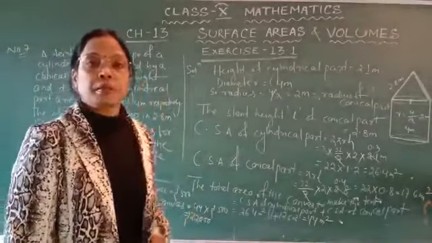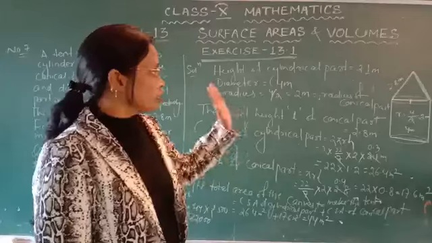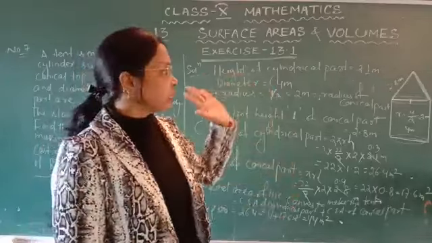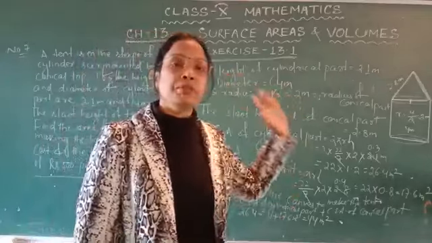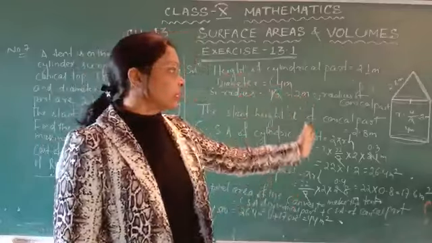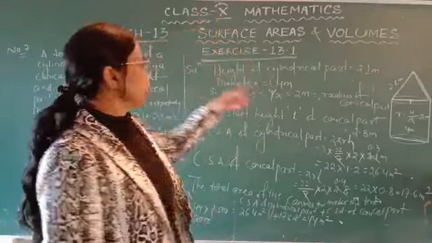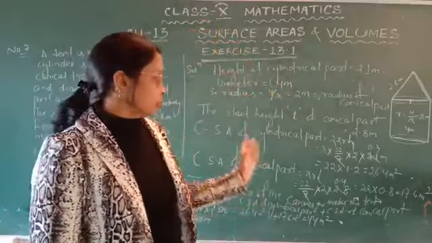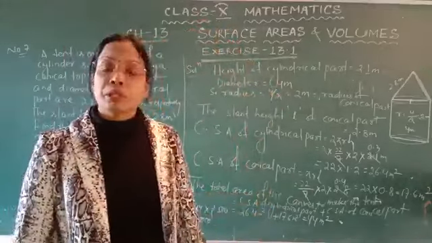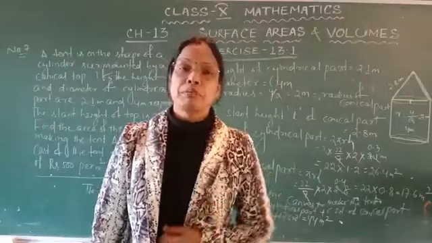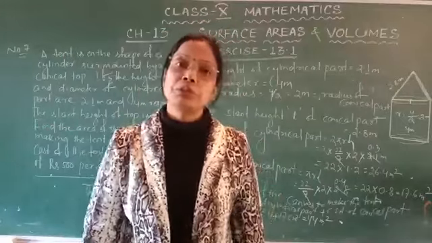So the area of the canvas required to make this tent, which is in the shape of a cylinder surmounted by a conical top, is 44 meter square, and the cost of the canvas is rupees 22,000.